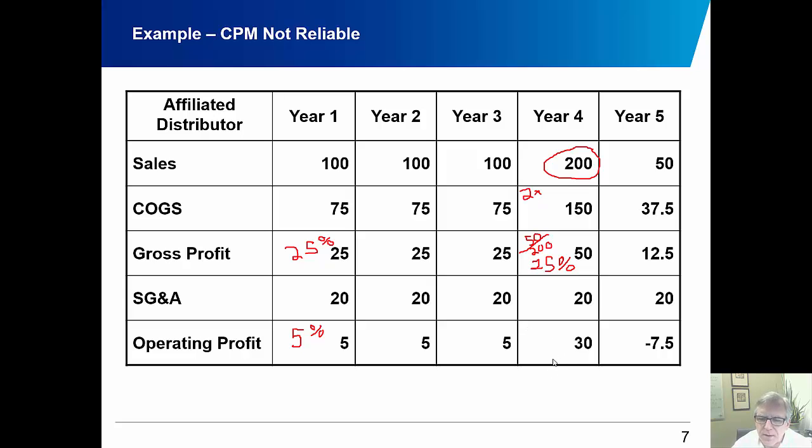Generally speaking, though, within a CPM, we'd actually be averaging multiple years together. So if we look at these 3 years together, our operating margin is going to be, say, 40 in operating profit divided by the sales of all 3 years, so that's going to be 400. So the operating margin has jumped up to 10%.